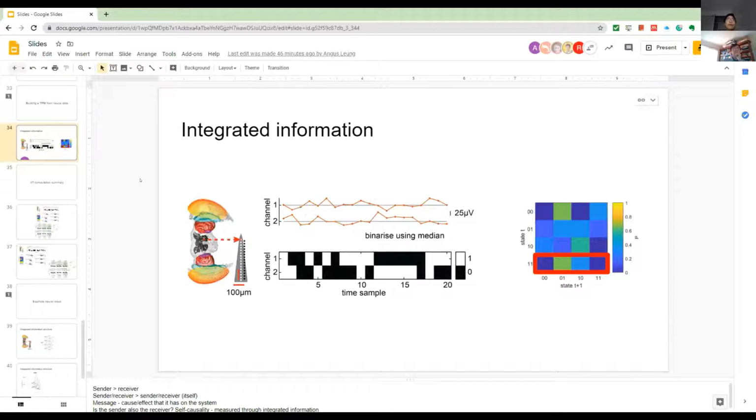So here we use, let's say, median as a threshold. If the value is greater than median, then we assign one or on states, and otherwise we assign off states. Based on this binarized data, we can compute TPM. And that's what we need to do to apply IIT to neural data.